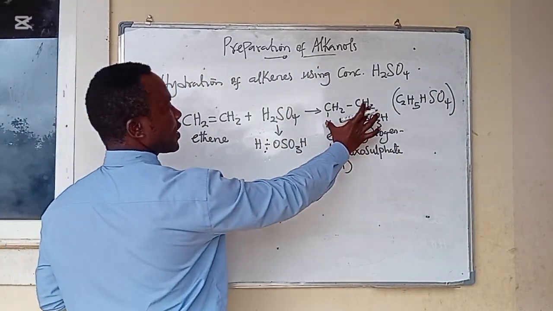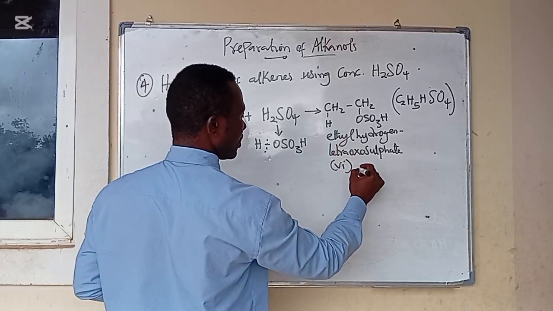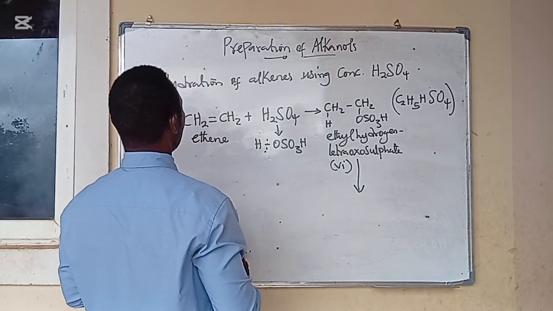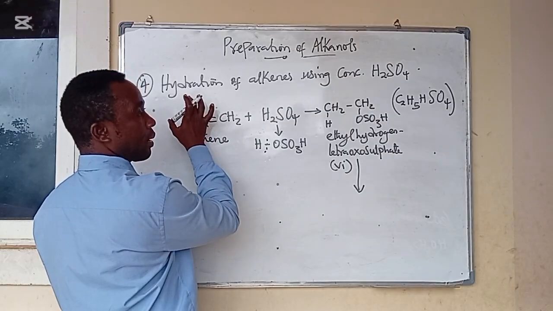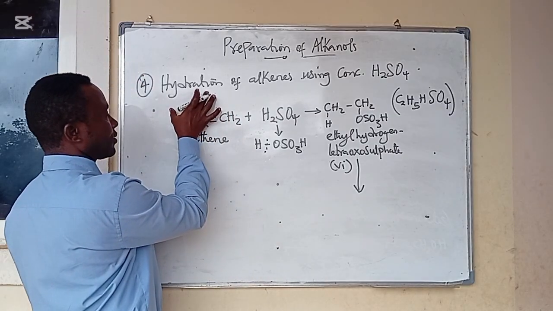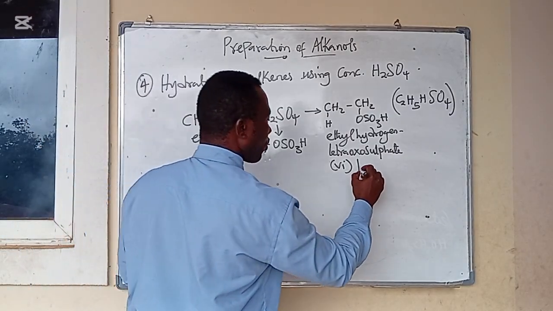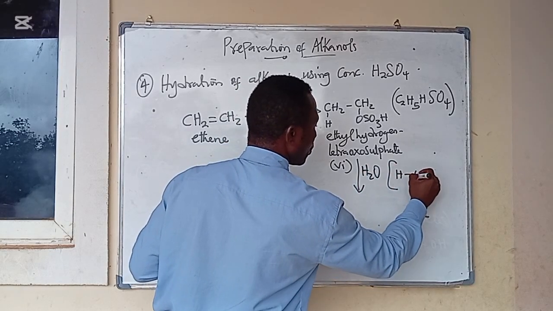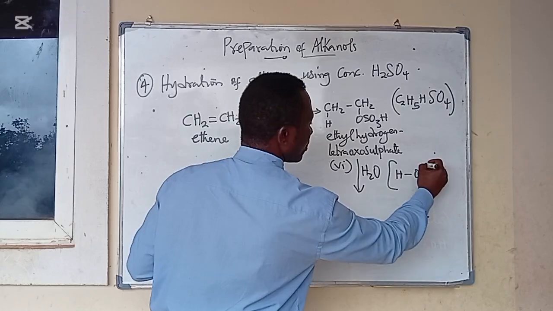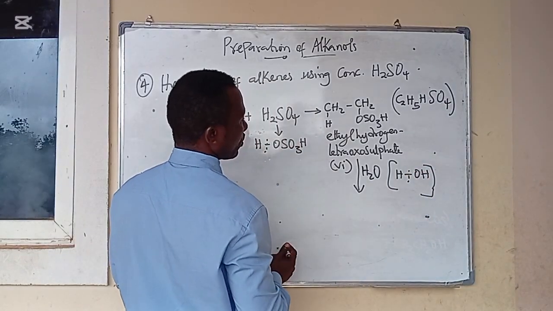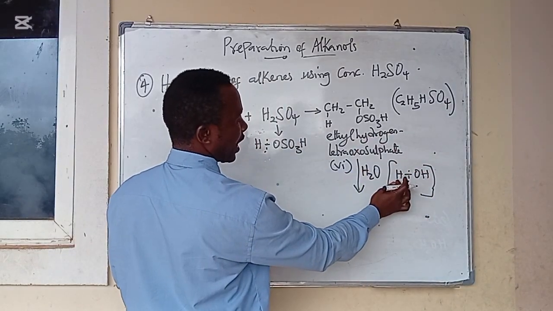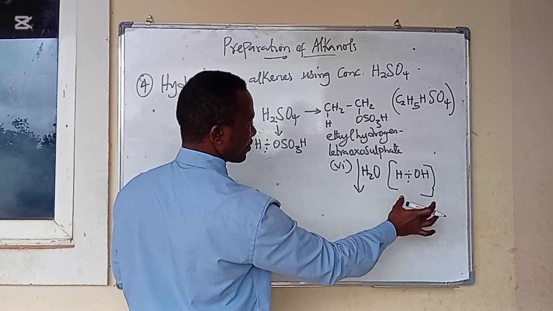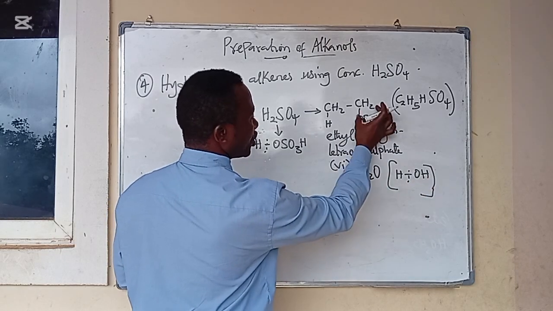Now, when this ethyl hydrogen tetraoxosulfate 6 is hydrated, that is when you add water. Water is H2O, but remember water is HOH. So you see that the bond breaks here, then this hydrogen adds to this compound so that it leaves to give acid. OH is attached here.